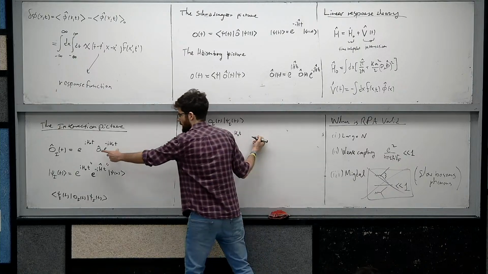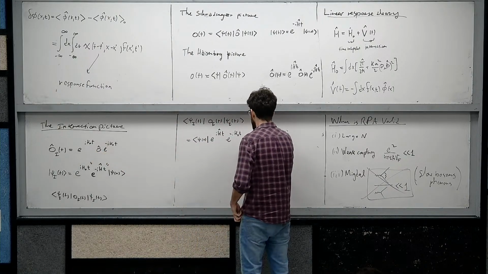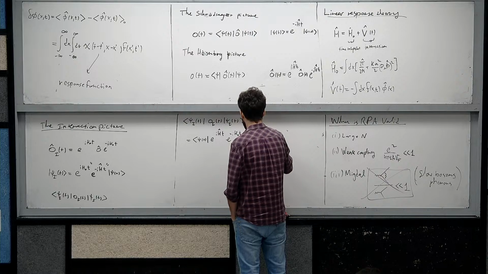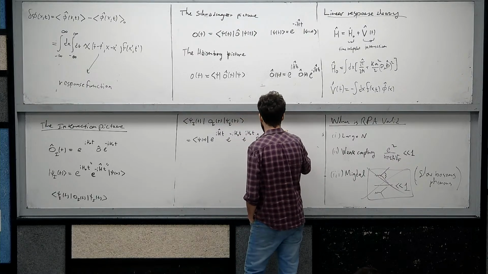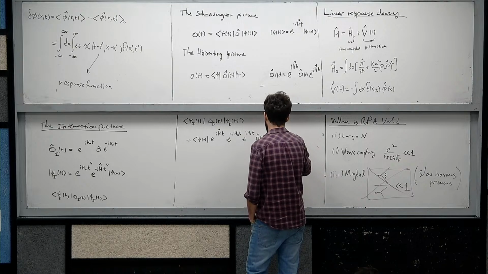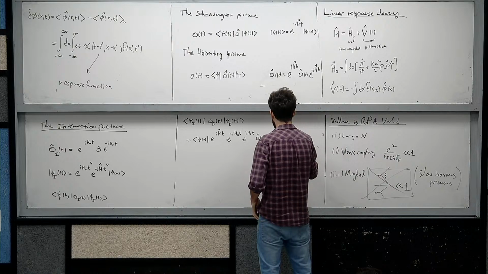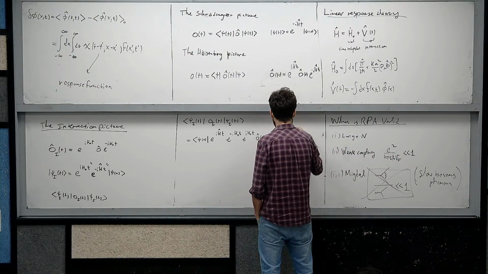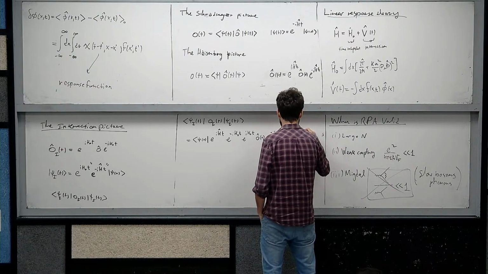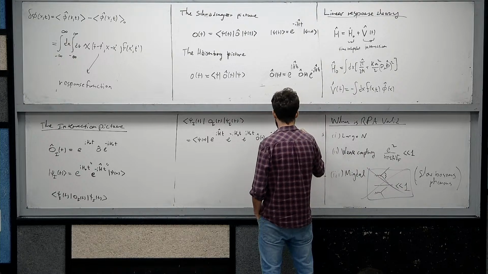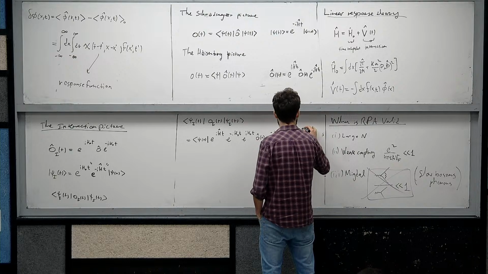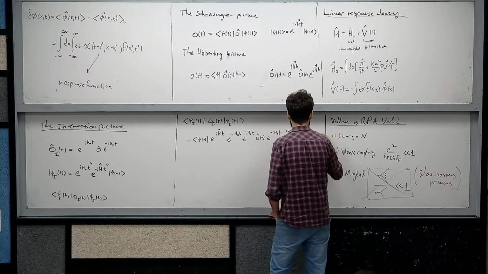Then I have this guy, so I have e to the i H_0 t, O(0), e to the minus i H_0 t, and then I have the other guy: e to the i H_0 t, e to the minus i H t, and psi(0).